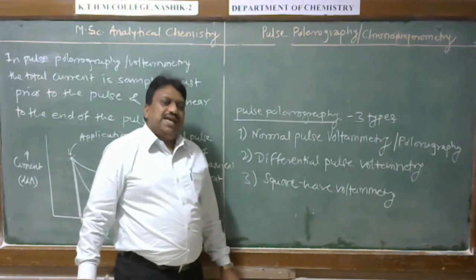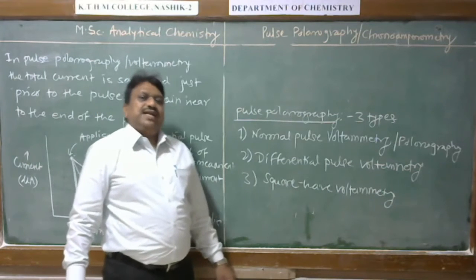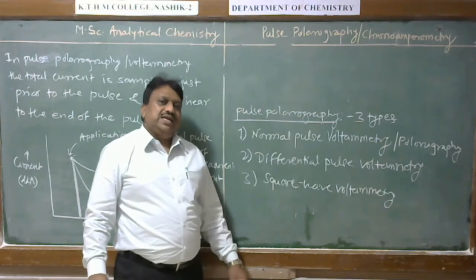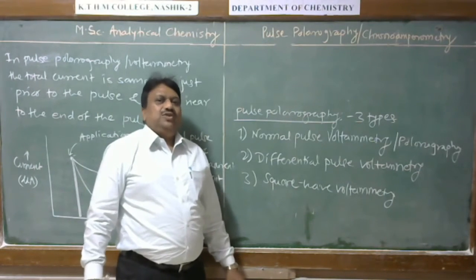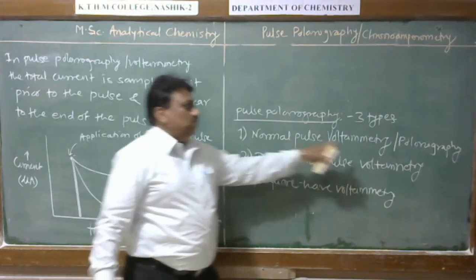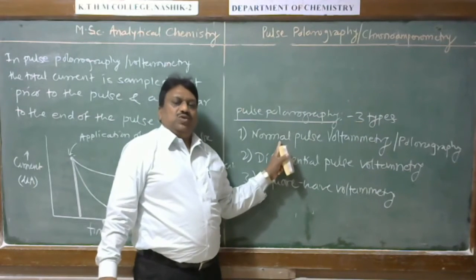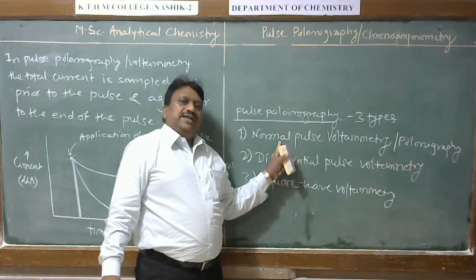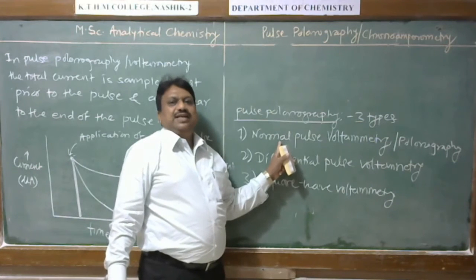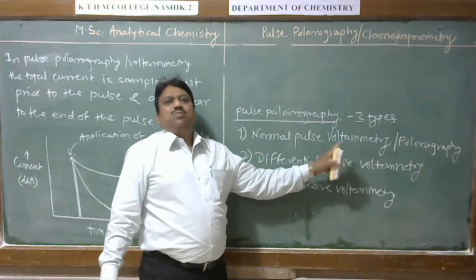Both utilize a dropping mercury electrode, but a static mercury drop electrode is a little bit modified dropping mercury electrode, then that is called pulse voltammetry. And if a normal dropping mercury electrode, as we use in direct current polarography, is used for this purpose, then it is pulse polarography.